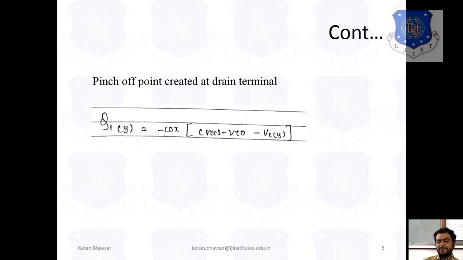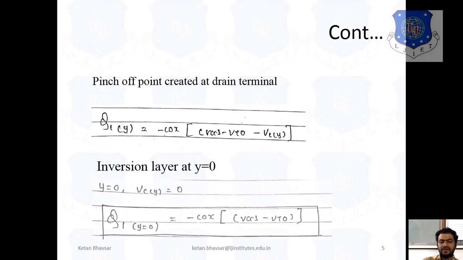VGS minus VTO represents the drain to source condition, which is VDS greater than or equal to VGS minus VTO, and VC of y represents the channel voltage from y is equal to 0 to y is equal to L. In the inversion layer, at y is equal to 0, we assume that VC of y is equal to 0. So Q1 of y is equal to minus COX into VGS minus VTO, because VC of y is approximately 0.